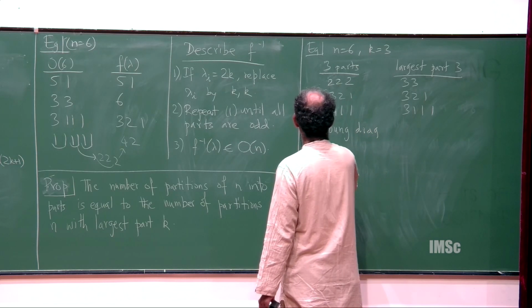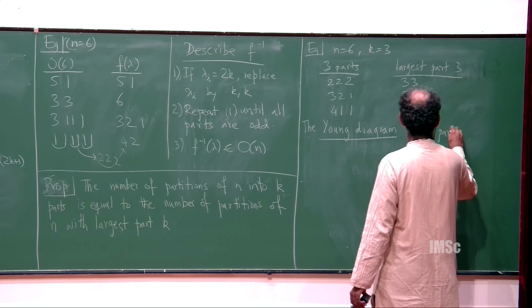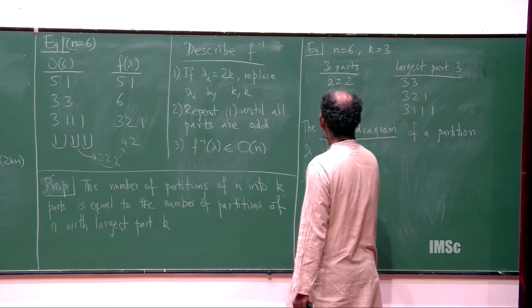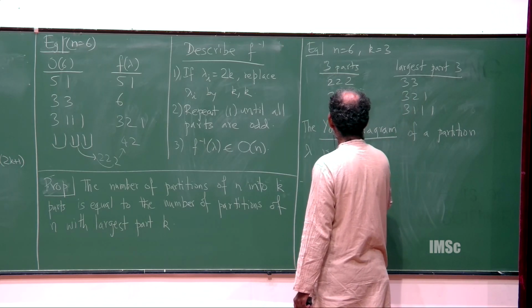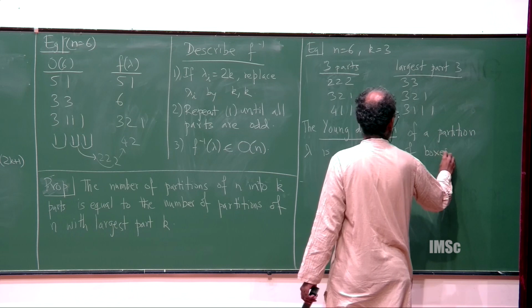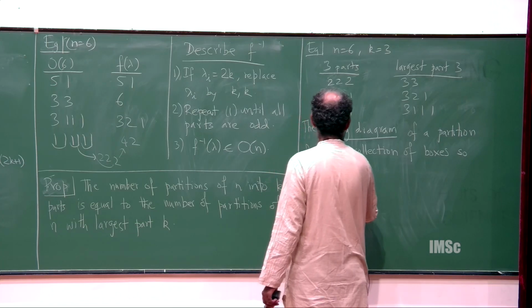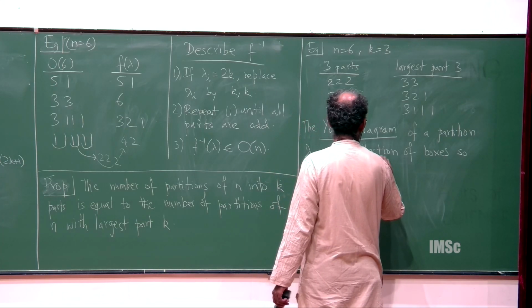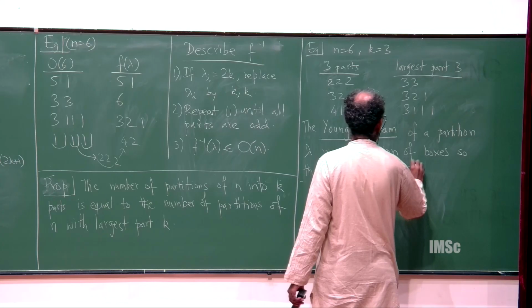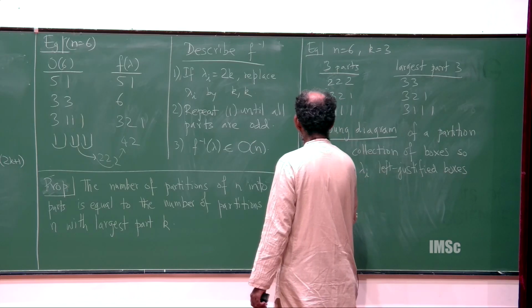The Young diagram of a partition lambda is a collection of boxes so that there are lambda_i left-justified boxes in row i.